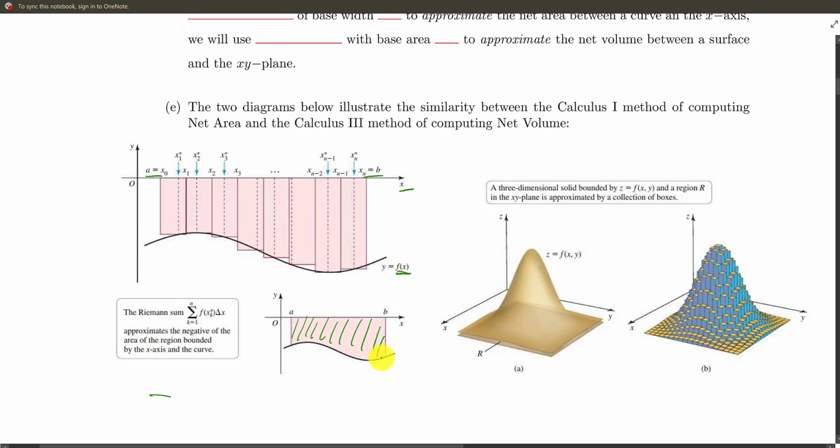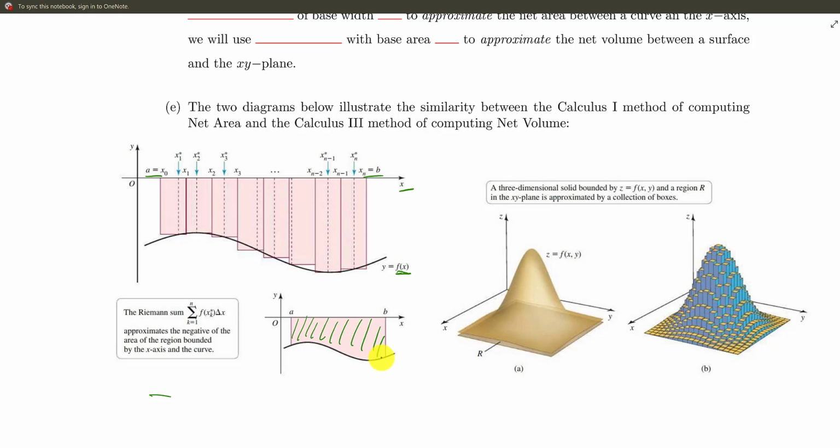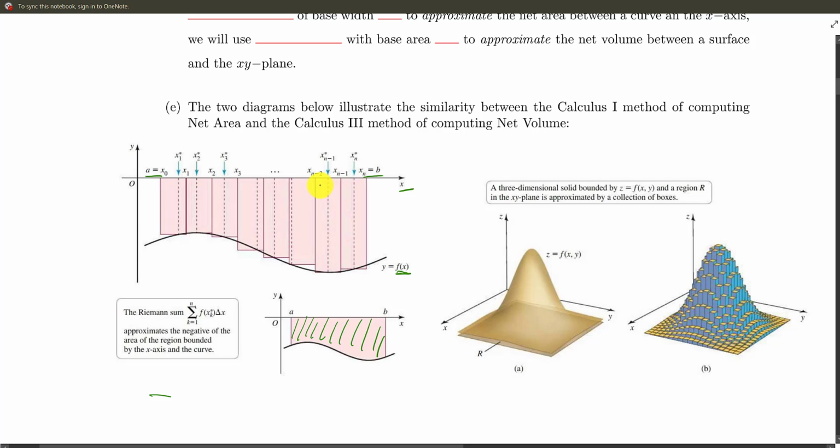And our strategy was to compute a Riemann sum and then look at the limit as the number of rectangles in that sum went to infinity, or put another way, more precisely, as the widths of these rectangles, which is represented by delta x, go to 0, then this Riemann sum becomes a better and better approximation for the area beneath the curve, and if that limit exists, then we call it the Riemann integral.